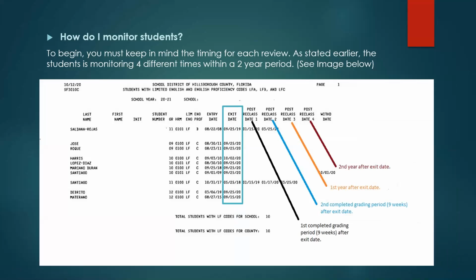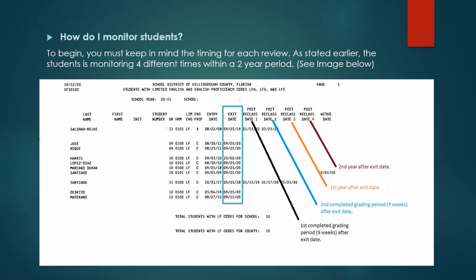So the first one should happen 9 weeks after the exit date. If by any chance the reviewing period falls at less than 9 weeks, then you must wait until the next reviewing window. Notice date 2 should be the complete 9-week period after exit day.